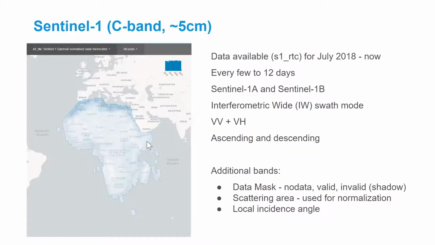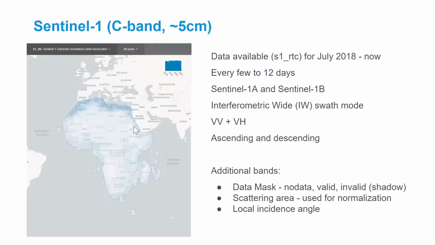So over Africa, roughly the data coverage is every 12 days. However, if you look at this map, the darker squares mean there are more images available for these areas. So you can see that the coverage close to the Mediterranean along the northern coast is really good. So every few days you have a Sentinel-1 acquisition. And then there's also increased coverage in East Africa, and these areas are covered by 2 different look angles.